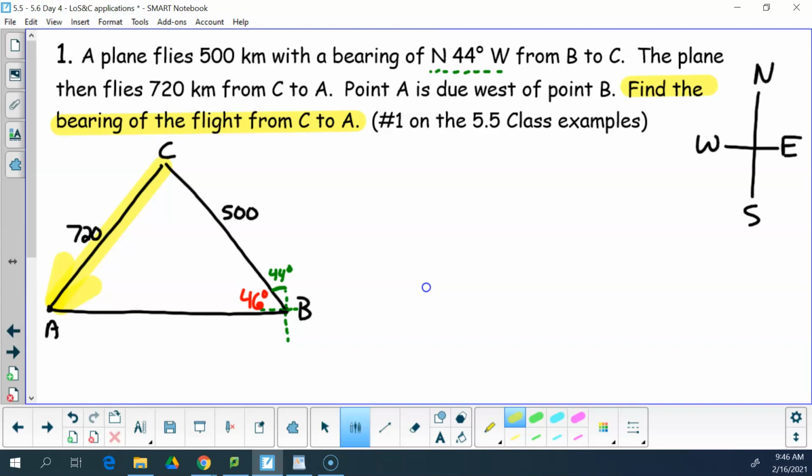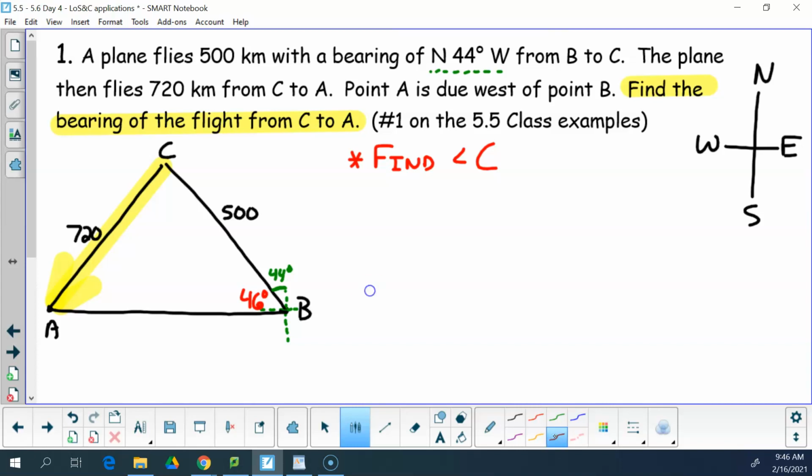So we need to find angle C. Yep. We need to find angle C. Okay?